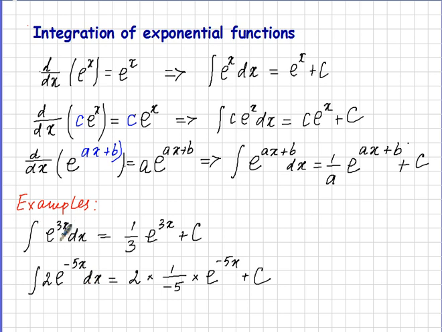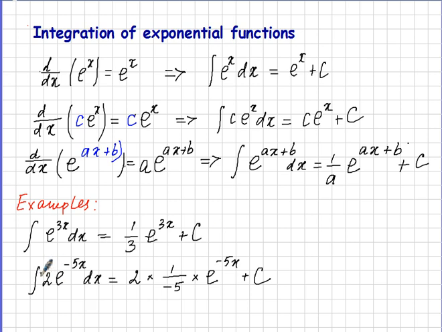Here are some examples. If we need to integrate e to the power of 3x dx, the answer is going to be 1/3 e to the power of 3x plus c. You can check by differentiating this function. Differentiating e to the power of 3x gives you e to the power of 3x times 3, and dividing by 3 gives you back your e to the power of 3x, plus of course a constant c.